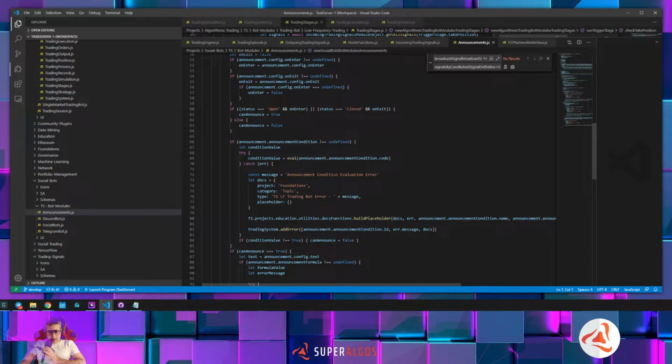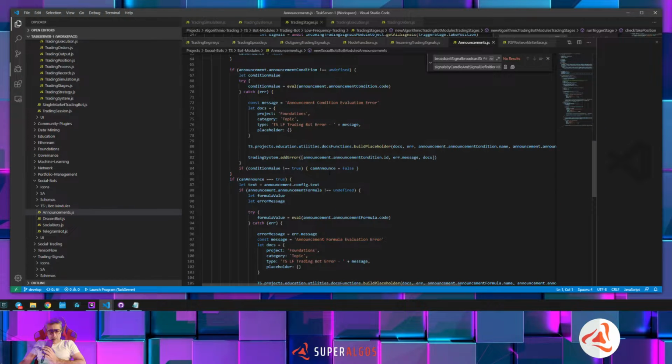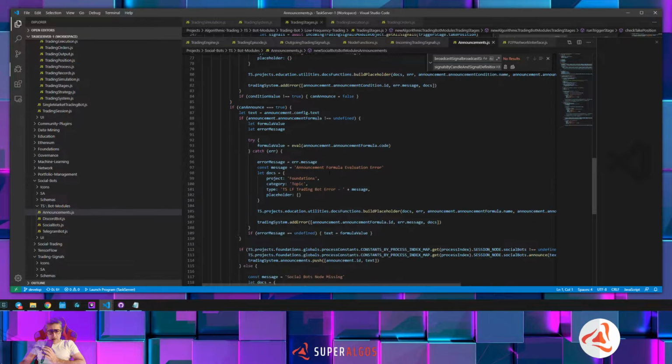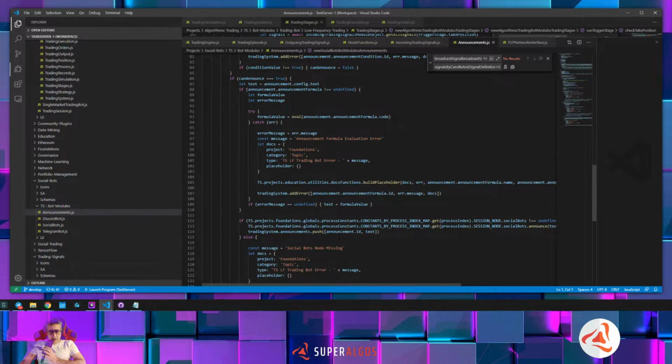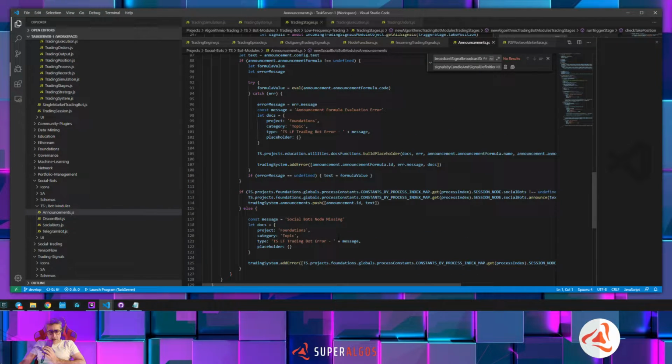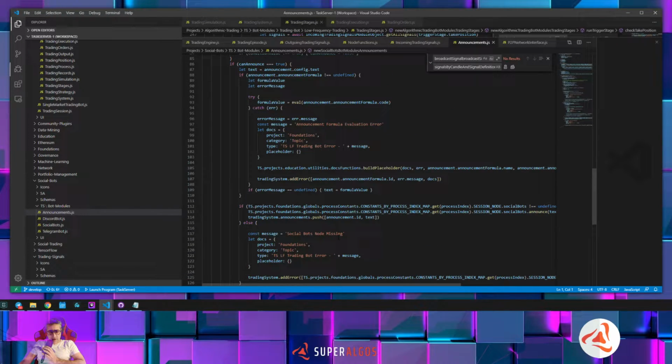It's evaluating its own conditions, and probably it's evaluating its own formulas. Announcement formula evaluation stuff, which is fine. I think this is a good thing.